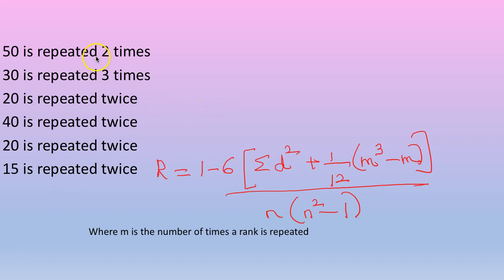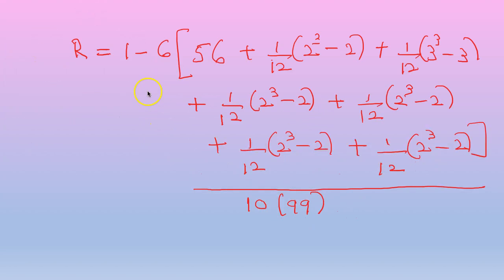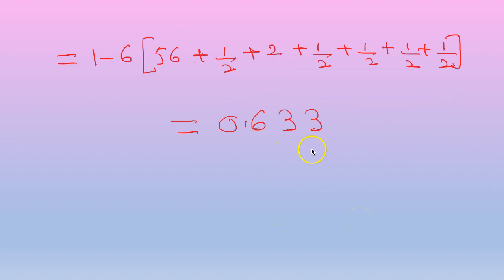So we can see that 5 values are repeated twice and 1 value is repeated thrice. We need to keep track of this, otherwise it gets confusing. So R equal to 1 minus 6 into 56 plus 1 by 12, 2 cube minus 2 because 5 values are repeated twice and 1 value is repeated thrice, by N into N squared minus 1. So you get the answer as 0.633.